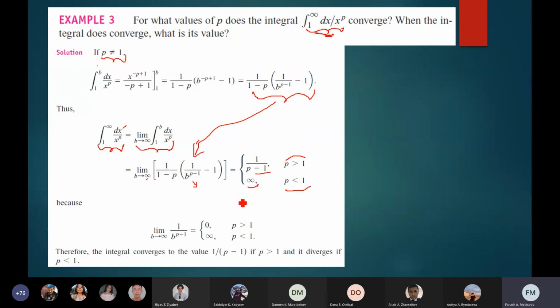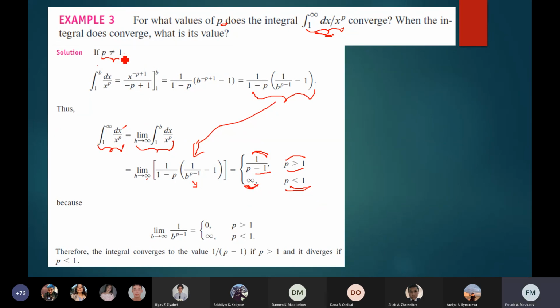Okay, what we can say here, guys, is that if p is more than 1, our integral converges, and its value will be this one. And if p is less than 1, our integral diverges, and it will be infinite.